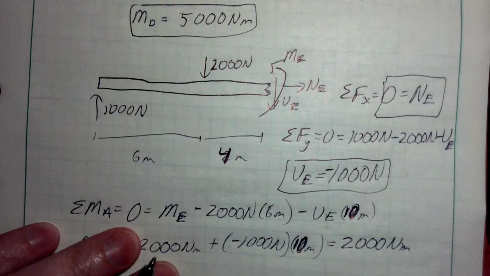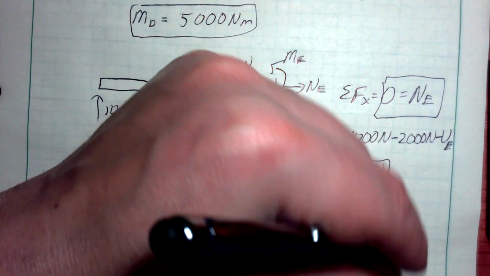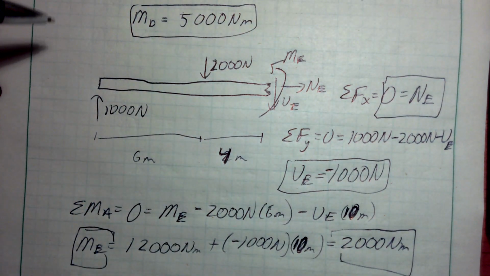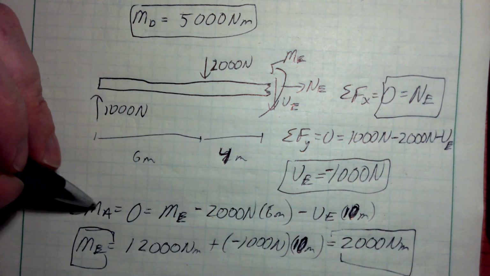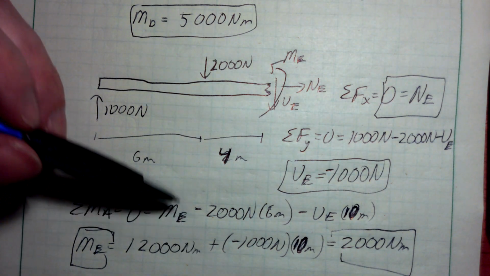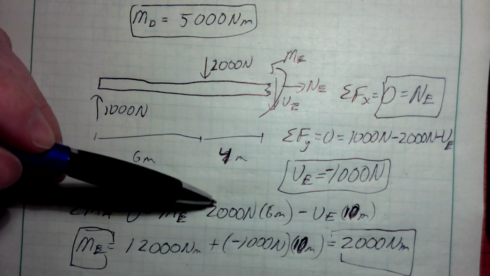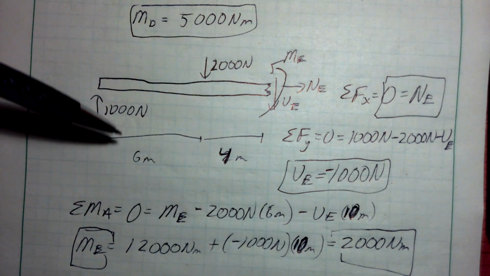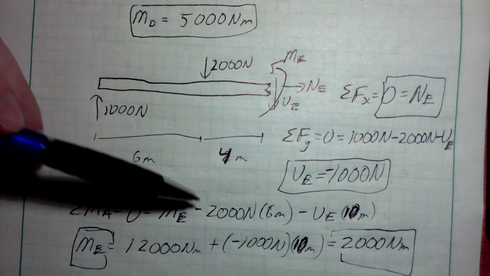And then finally, the moment. As long as I get the distance right, which I didn't initially, you can take your sum of moments about any point. I stay pretty straightforward and call it A, set it equal to 0, reaction moment. I've got this 2,000 newtons causing a clockwise rotation, so that's negative.